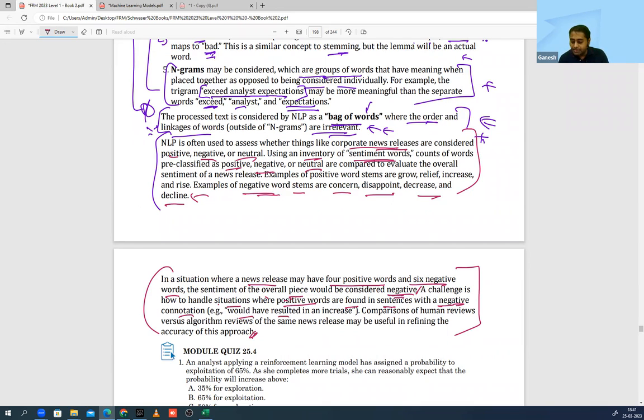"Would have resulted in an increase", मतलब अगर आपने पढ़ाई कर लिया होता तो आप पास हो जाते. पास आ गया वर्ड, लेकिन the tone was very different.